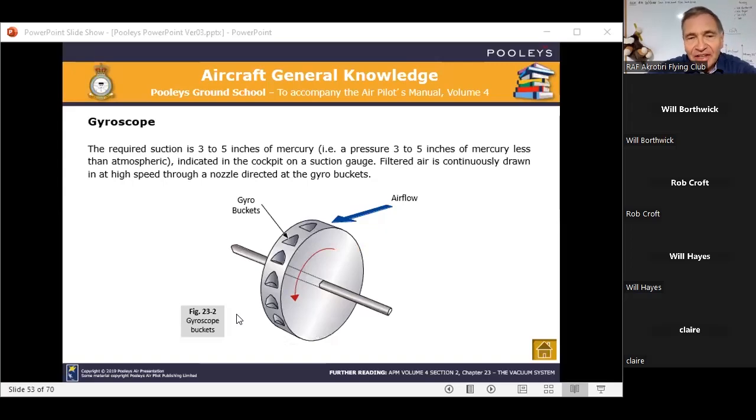This is where the instrument gets the energy to run it, from this compressed air hitting it and causing it to spin round. And when I say spin round, I don't mean a couple of hundred RPM. I mean this is spinning at something like 3,000 or 4,000 RPM. It's really going for it.